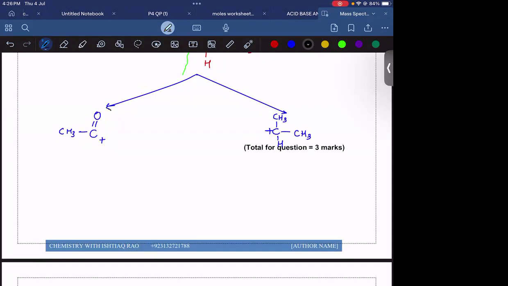Can you tell me what is the molecular mass of this and what is the molecular mass of this? You have 2 carbons, 3 hydrogens, and 1 oxygen, and this is 3 carbon atoms, 7 hydrogens, and positive sign.